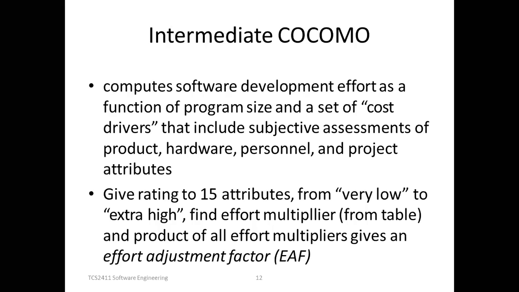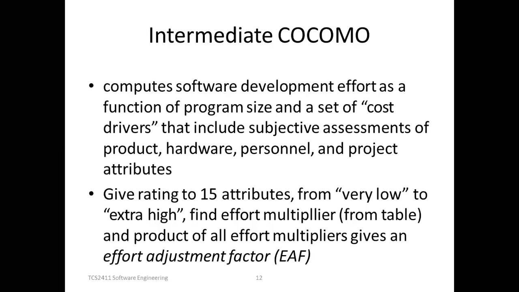If an attribute is very low in that project, it will have a value of 1. If it is extra high, it can have a value of 6, a kind of concept that is there for finding the adjustment factor.